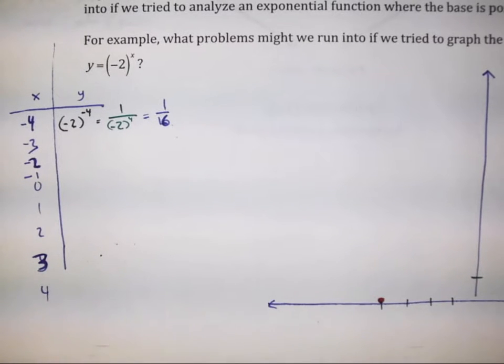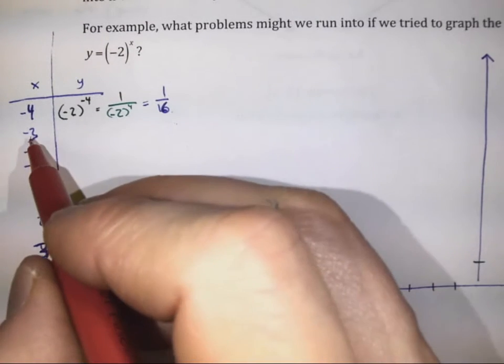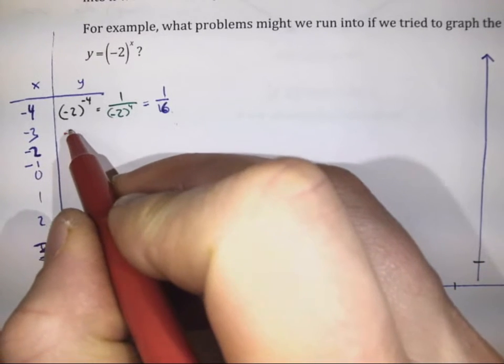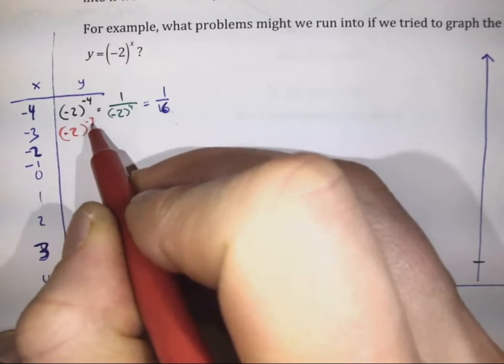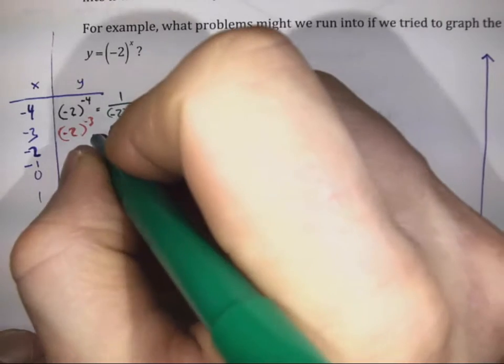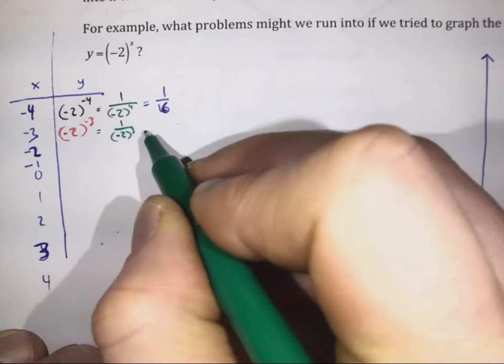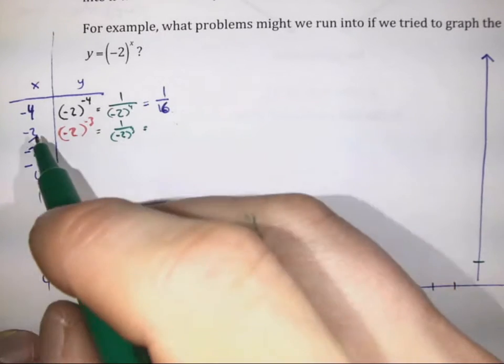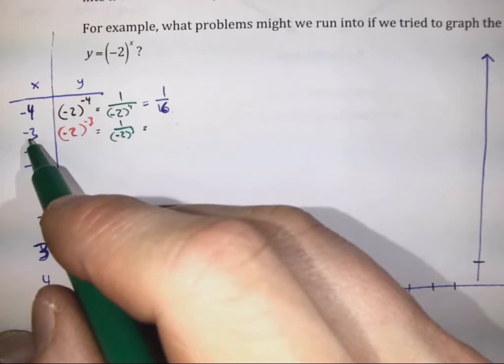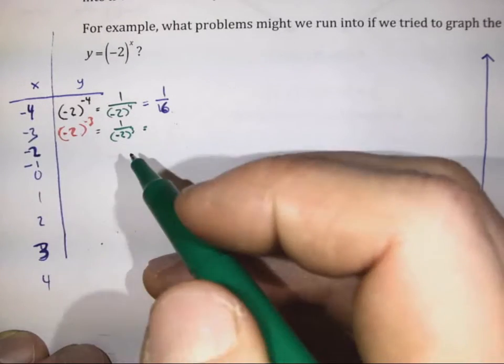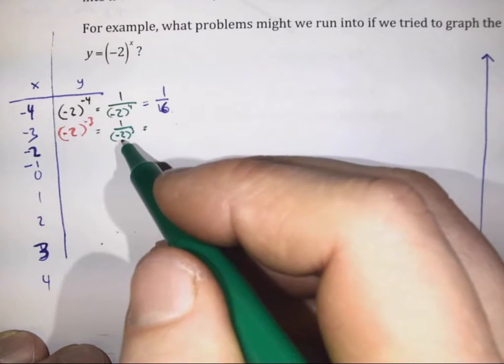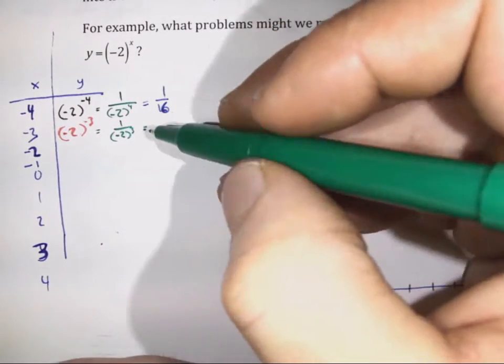Okay. So let's see what happens when x is negative 3. So we get negative 2 raised to the power of negative 3. And that's 1 over negative 2 cubed. Now, what's interesting here is now we have an odd exponent instead of an even one. So this negative number is going to oscillate.